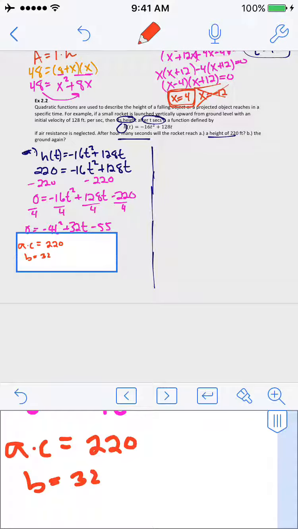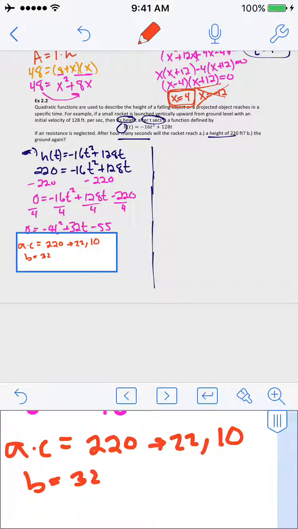Well, it's not going to be 55 and 4. Let's try 6. Nope, 220 doesn't go into 6. Let's try 8. Nope. And 10? 220 and 10. Sorry, 22 and 10. 22 and 10. When you add those together, you get 32.